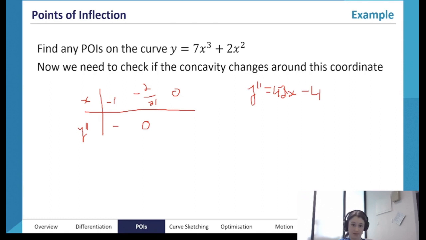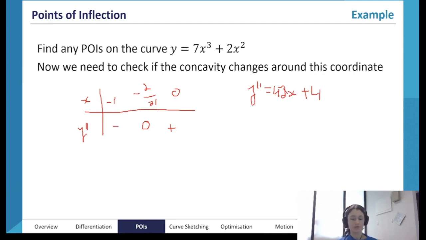And then the concavity is going to be negative here as well. Okay, so I just realized that I made a small mistake, which is that I copied this second derivative over wrong. This should be plus 4, which gives us a positive second derivative here.